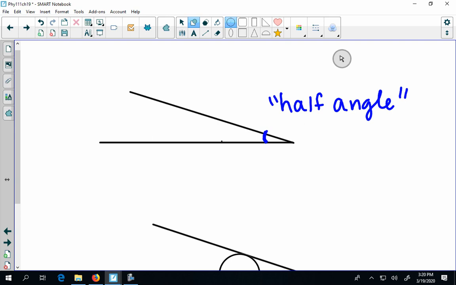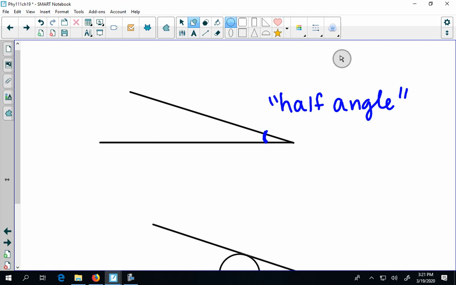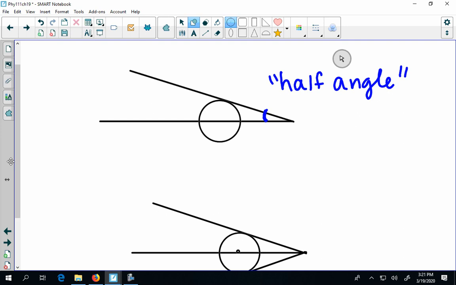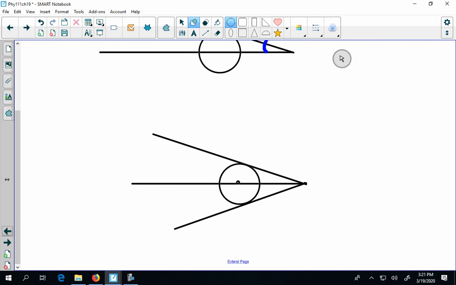The middle has to be there. So you could take something circular that you have available to you, like a quarter or a nickel. It doesn't matter where you make it because the radius of the circle, you just adjust. All right. And then you could draw in the whole cone. And then you could figure out, based on the half angle, how quickly this plane is moving relative to the speed of sound. And that is it for chapter 19.